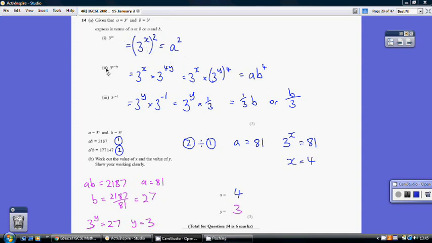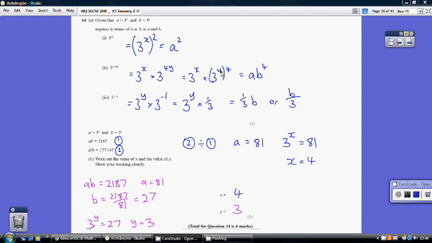Now for part 2, think of this as being 3 to the power of x multiplied by 3 to the power of 4y. Because when we're multiplying, we add the powers. If we add these powers, we get this. Now, think about 3 to the power of 4y as being 3 to the power of y all to the power of 4.